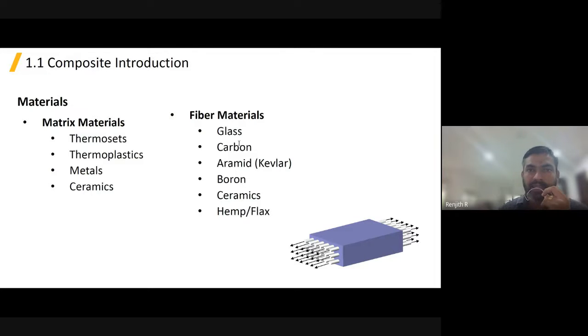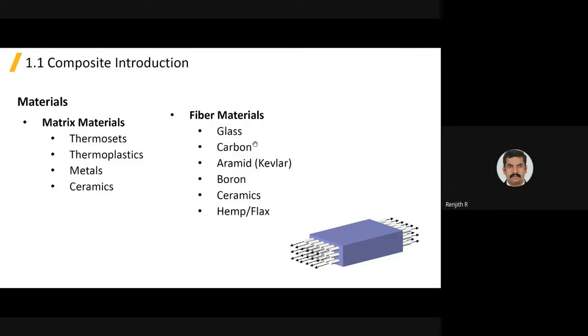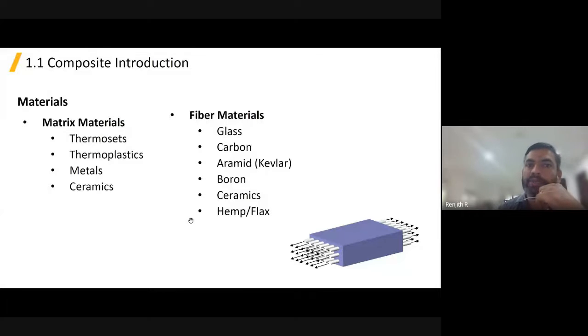These we can use as a fiber material, which is renewable and sustainable. For the matrix material also, we can go for some bio-based matrices. A lot of research is going on with jackfruit paste. Nowadays we use these types of materials, but a lot of materials are still under research.